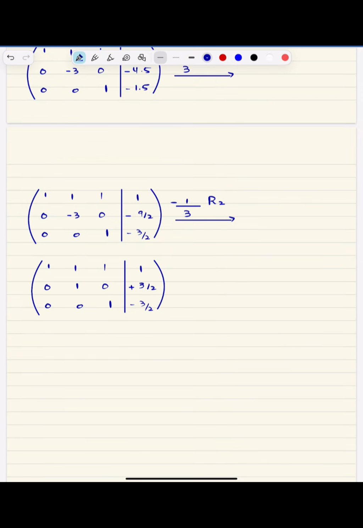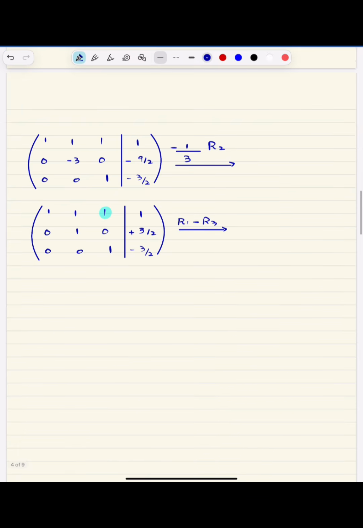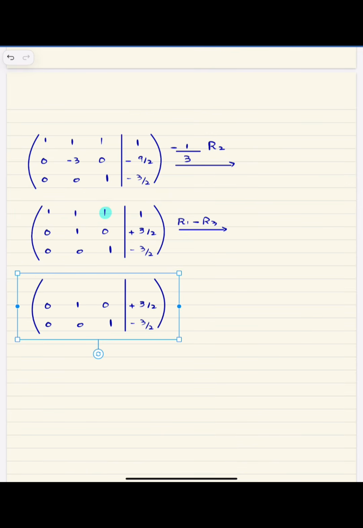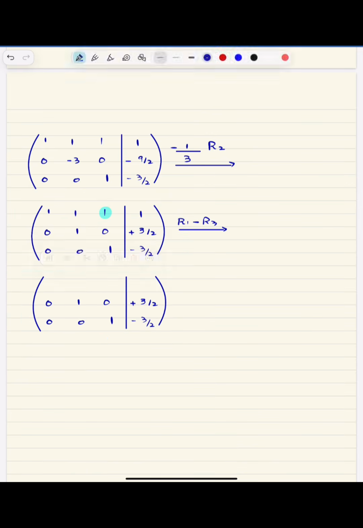Now we want to use row 2 and row 3 to impact row 1. So first we want to get rid of this one. We want to convert this into a 0, and then I want to convert this into a 0. So I'm going to say row 1 minus row 3. We'll end up with a 1 minus a 0 is just a 1.